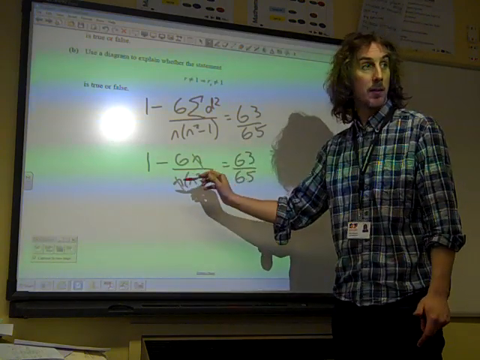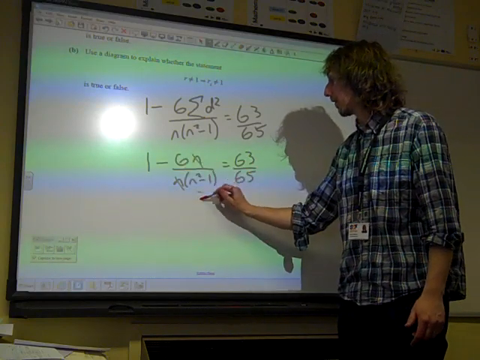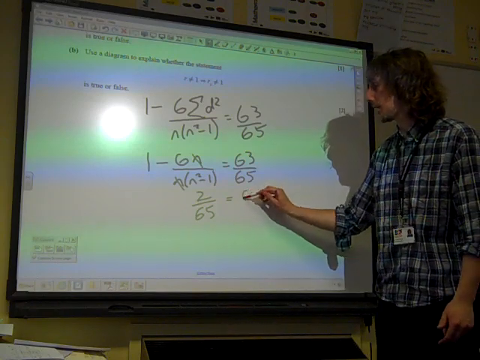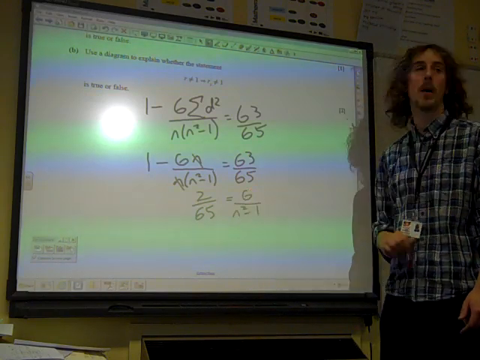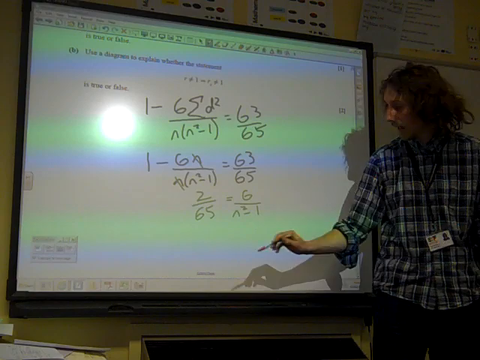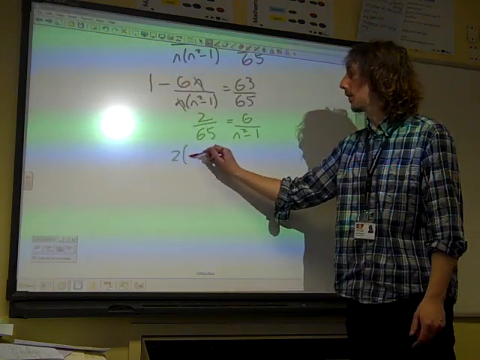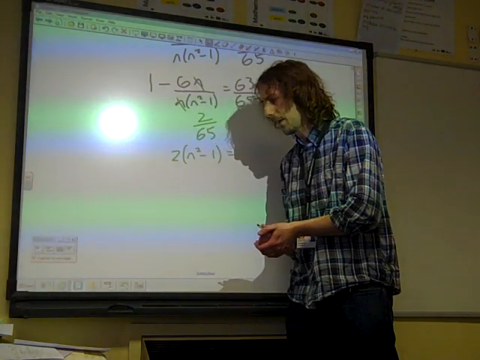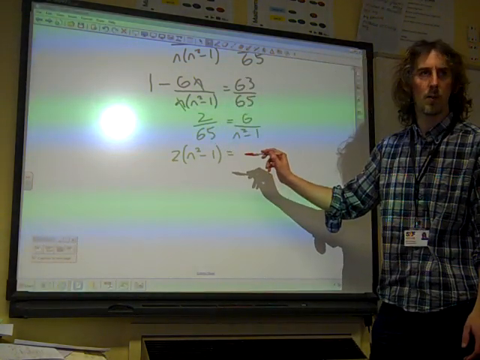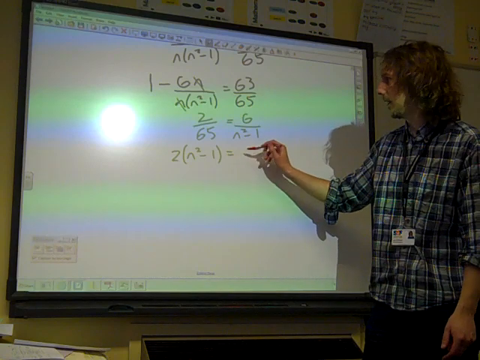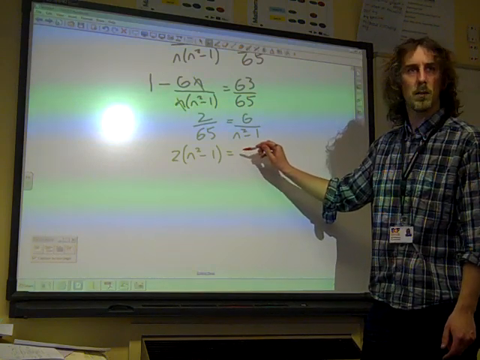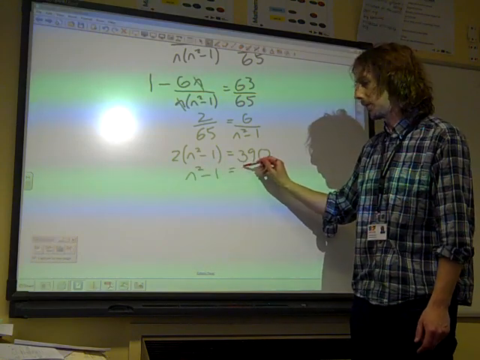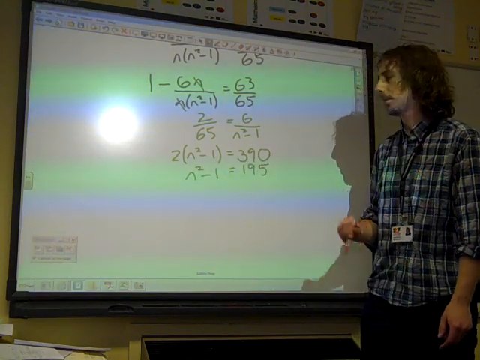If we rearrange this, we've got 1 minus 63 over 65, that's 2 over 65, is now 6 over n squared minus 1. Rearrange that to give us 2 lots of n squared minus 1 is 6 times 65, which is quite a lot. What's that, 390? So n squared minus 1 is 195.